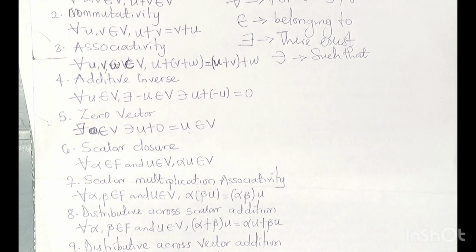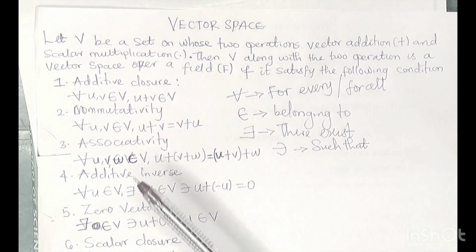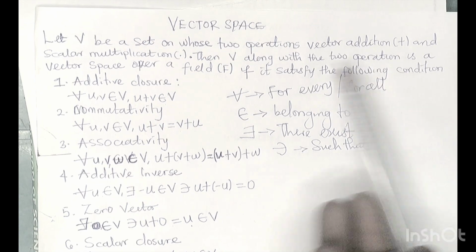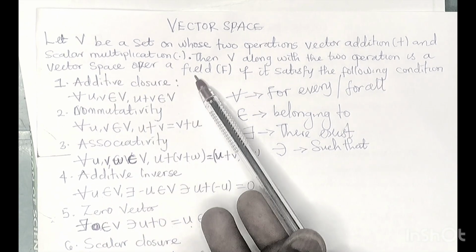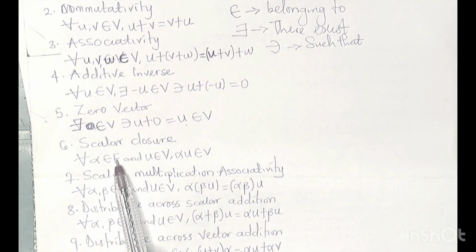Scalar closure. Now, one thing about scalar is that it deals with, if you don't forget, we said a vector along with two operations is a vector space over a field. So that field is this scalar. I get what I'm saying.